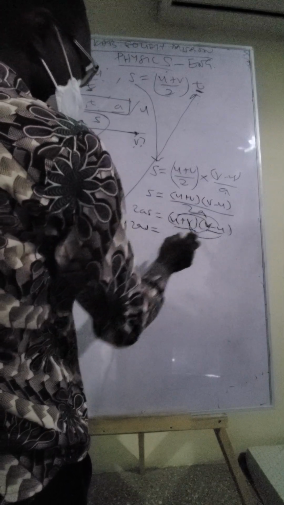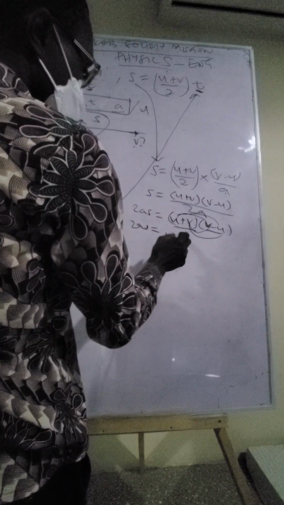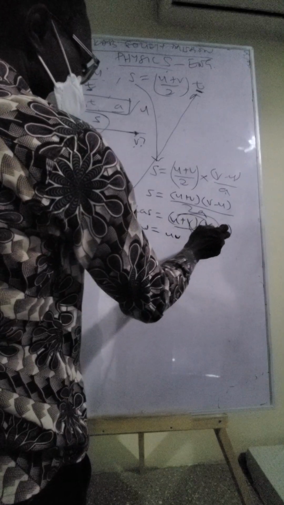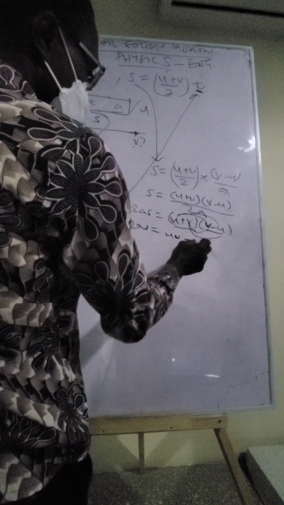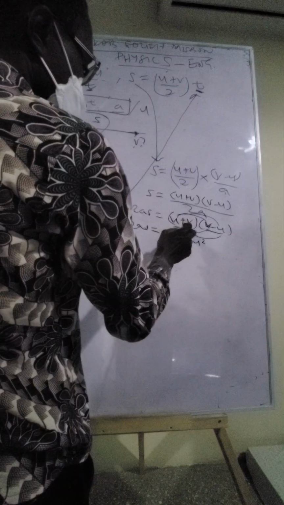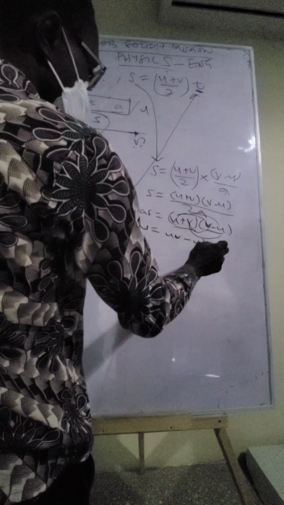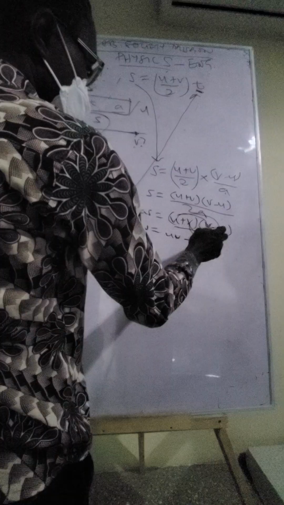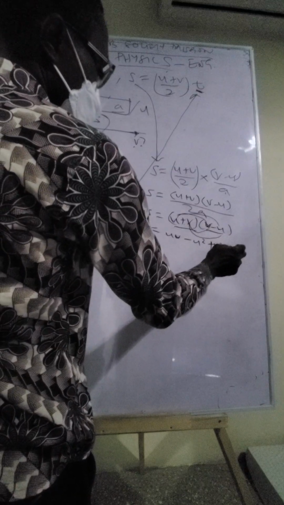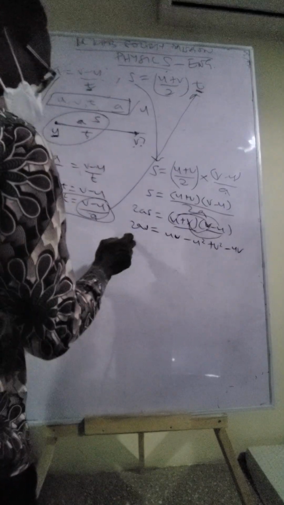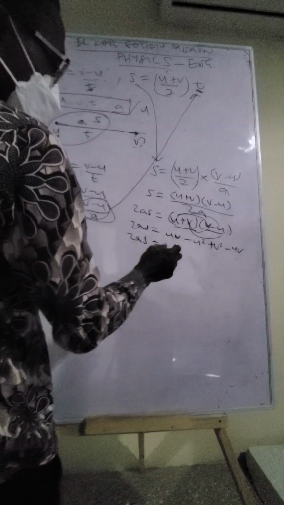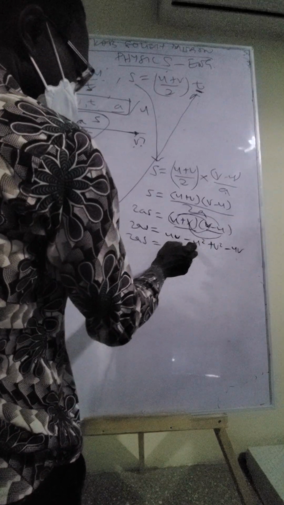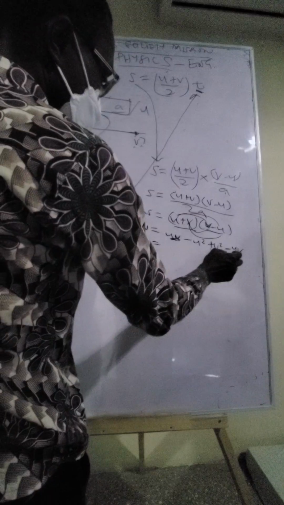So U times V is UV. U times minus U is going to be minus U squared. Now V is coming, V times V is plus V squared. V times minus U is going to be minus UV. If you do rearrangement, you're going to get what? Let's group this one and that, because they are the same.